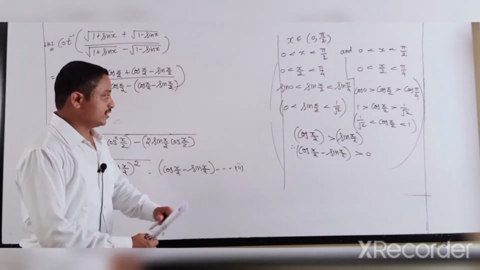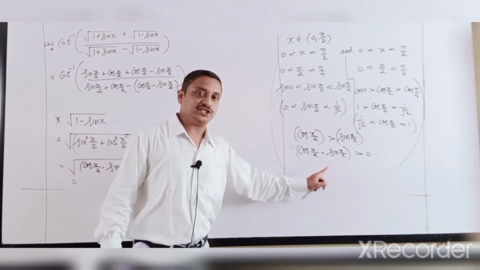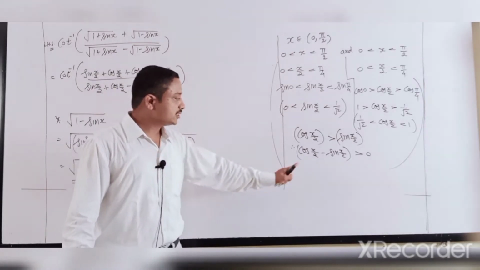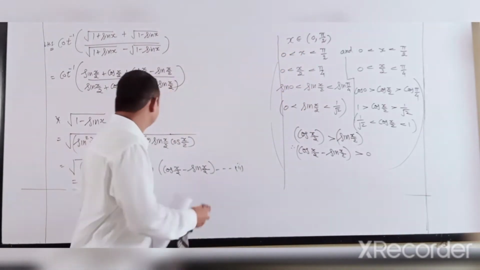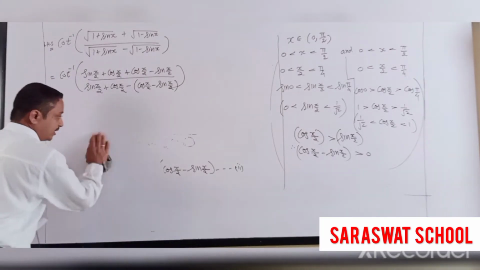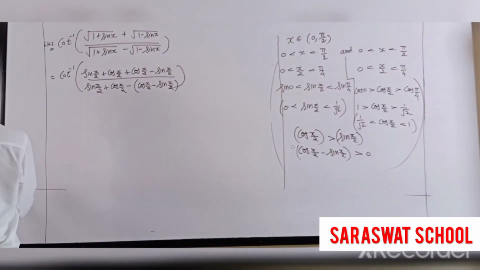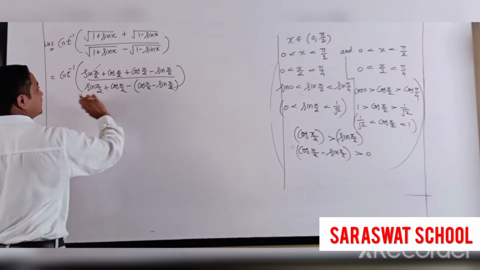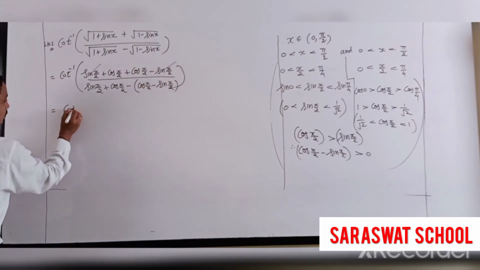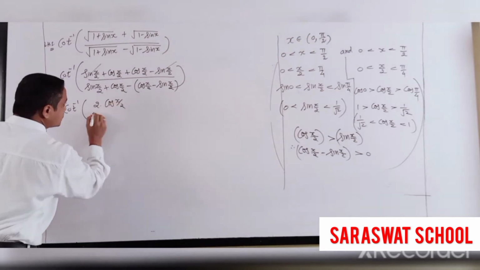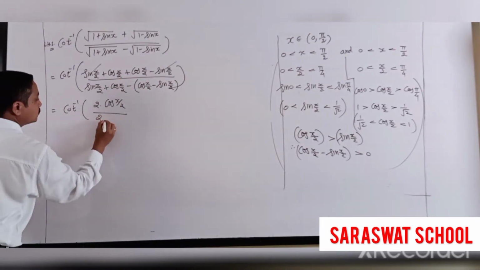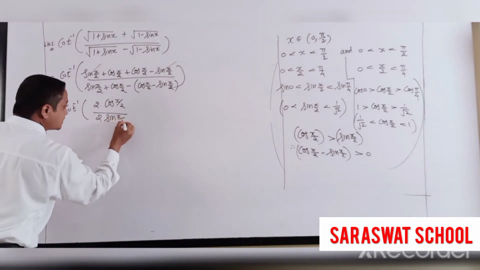But the main important thing is that this condition must be checked. Don't worry, students, this numerical I will again explain by a different condition. After that, what are you getting here? Sin and sin cutting, it is 2 cos x by 2. Same here, cos plus cutting, 2 sin x by 2.